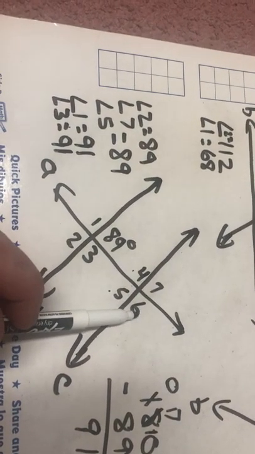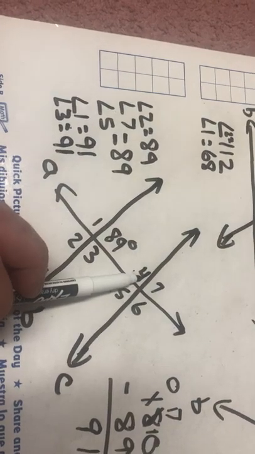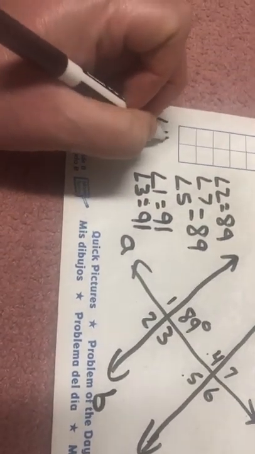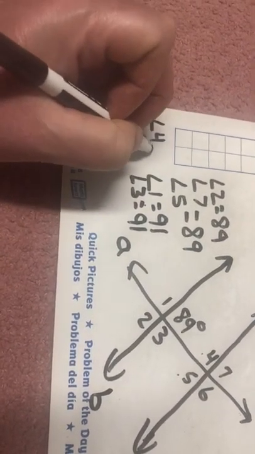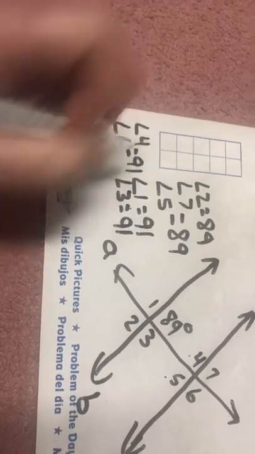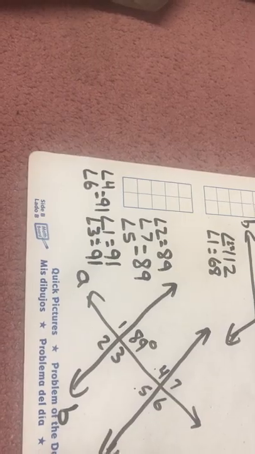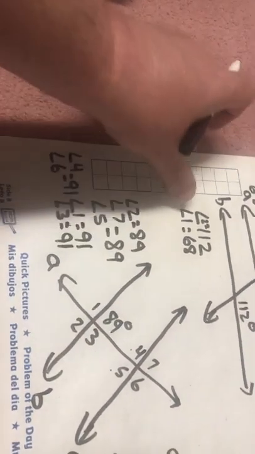But then angle 6 is opposite with angle 4. So angle 6 must also be 91 degrees. So I come over here, angle 4, angle 6, both are equal to 91 degrees. And that's how you do that part.